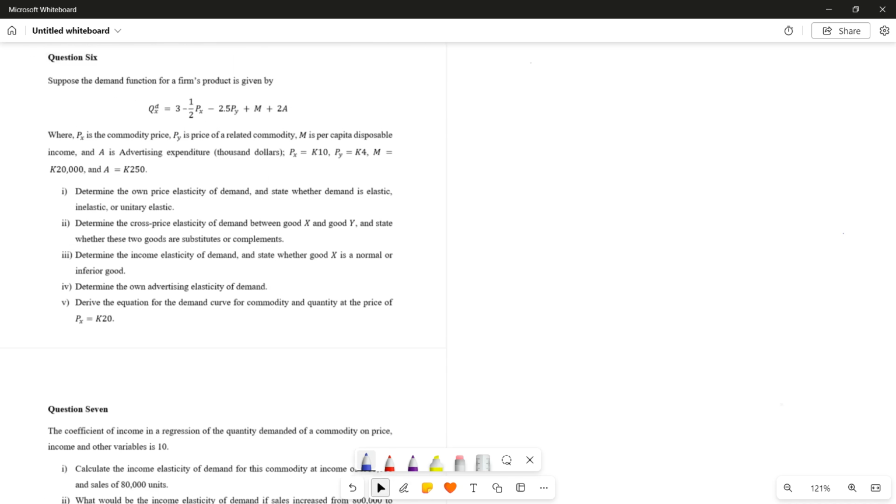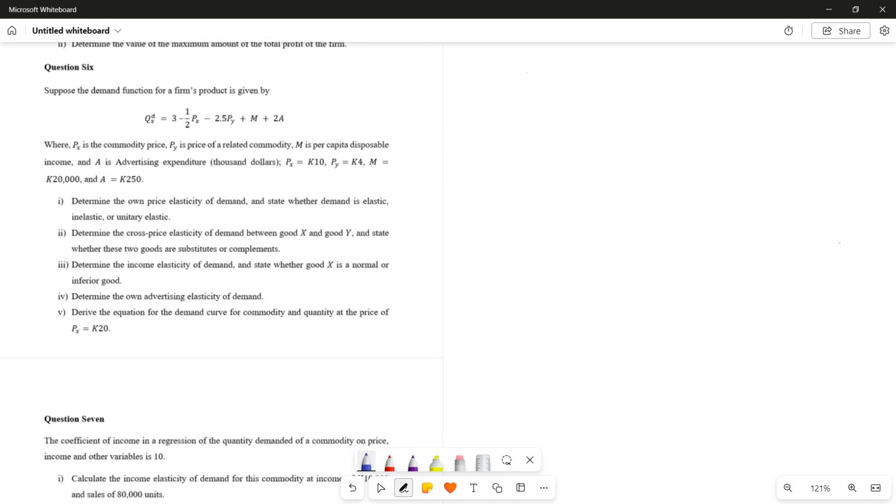What's question 6? Suppose the demand function for a firm's product is given by this function here, where Px is the commodity price, Py is the price of a related commodity, M is per capita disposable income, A is advertising expenditure. The price of good X is 10, the price of Y is 4, income is 20,000, A is 250.